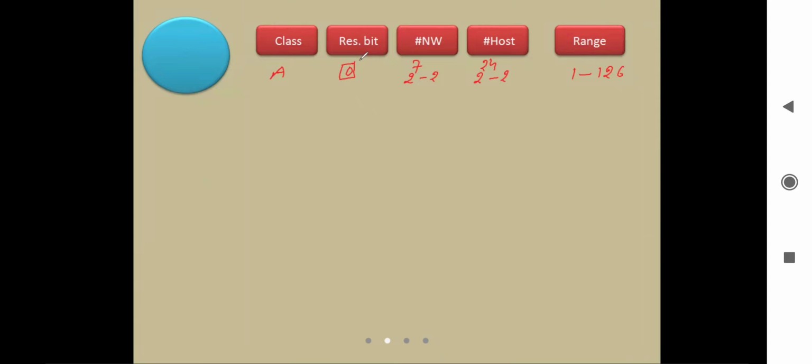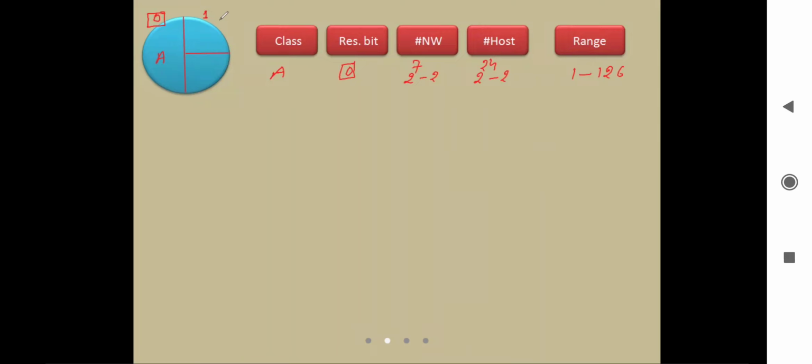So here we have divided into two partitions, and this is given to class A. Here it is 0, here it is 1, right? And 0 is the reserved bit for class A. Now what about class B? For class B, again I want to divide into two partitions. Two partitions means we again require 1 bit.